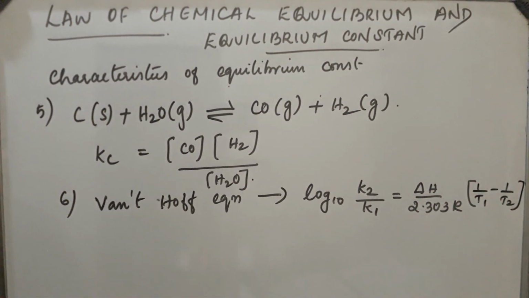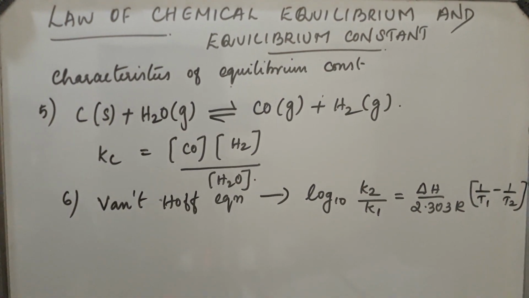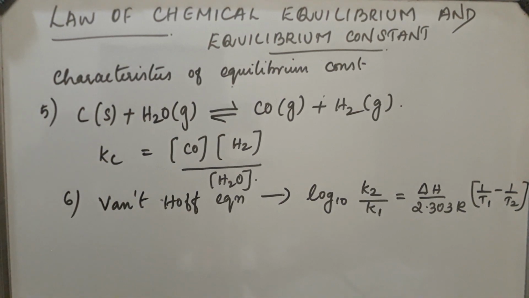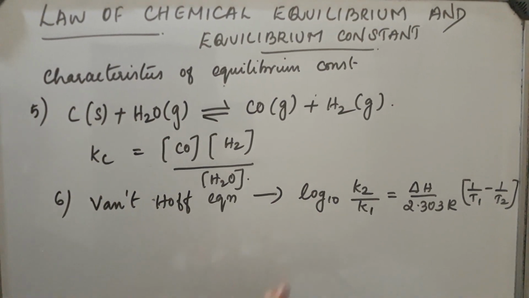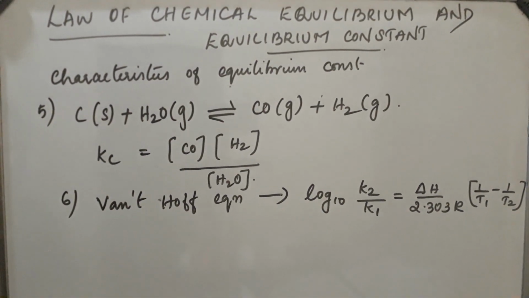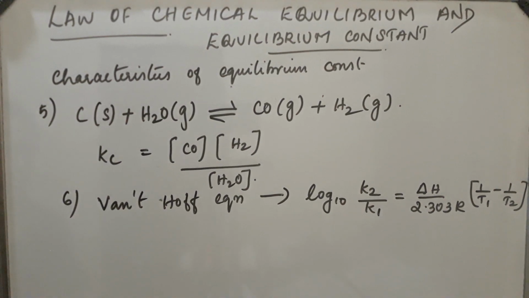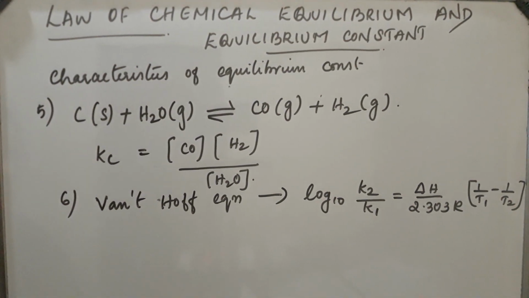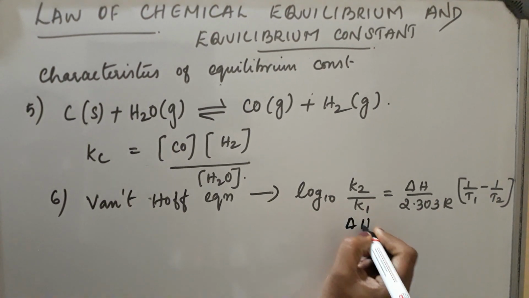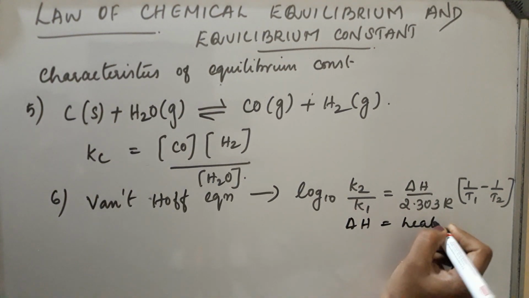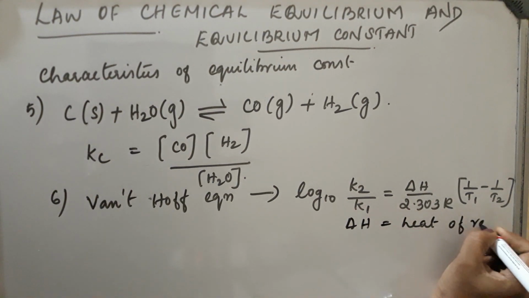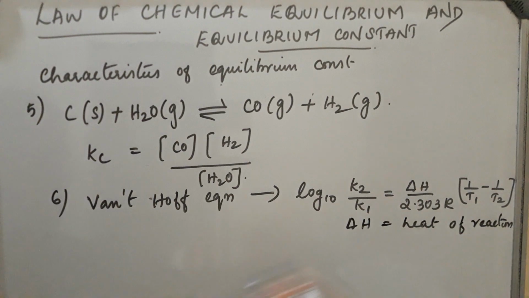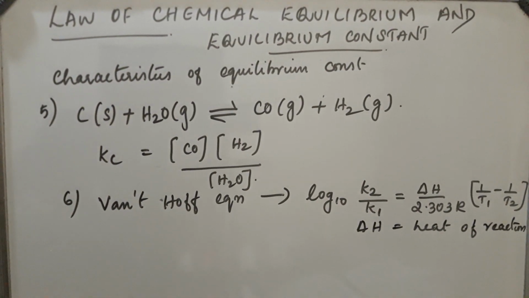T1 and T2 are the temperatures of two different equations, and their equilibrium constants are K1 and K2. For T1 temperature, the equilibrium constant is K1, for T2 temperature the equilibrium constant is K2, and delta H is the heat of reaction. R is a constant called the gas constant.